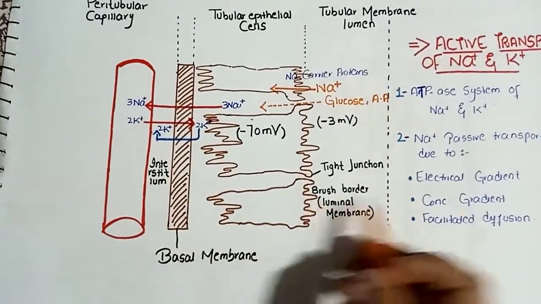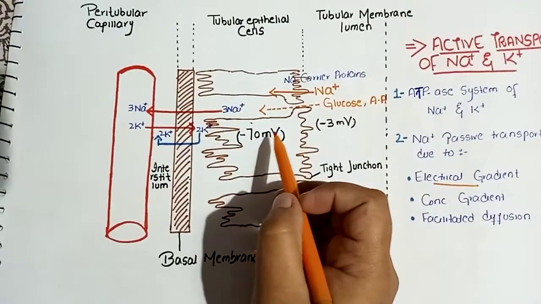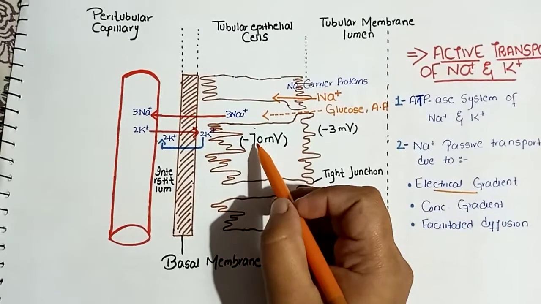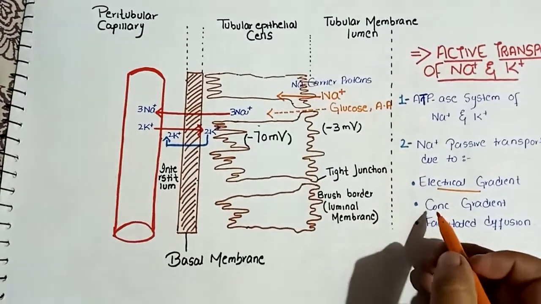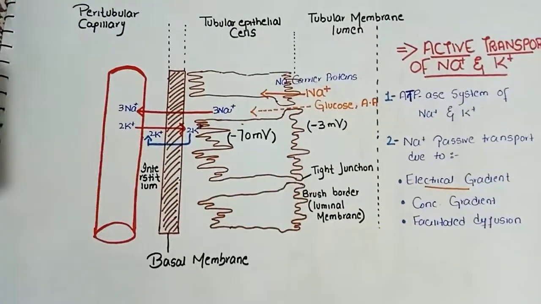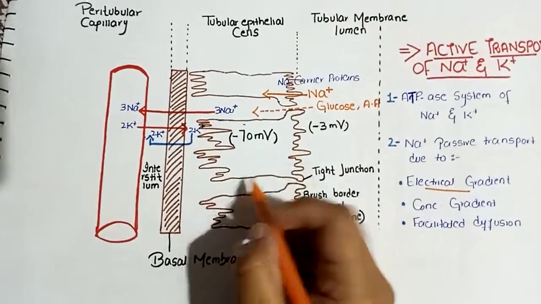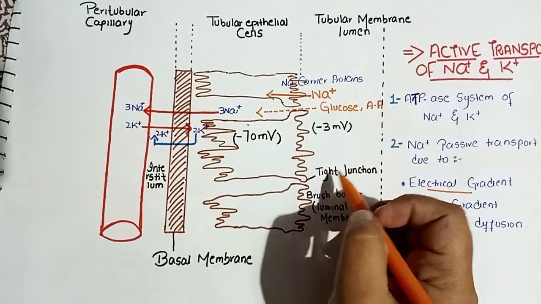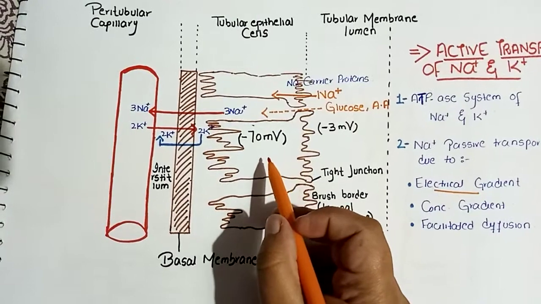The first one is the electrical gradient, because the electrical gradient within the cell is minus 70 mV, and in the tubular lumen it is minus 3 mV. The second reason is the concentration gradient. The concentration of sodium within the cell is less, and the concentration of sodium in the lumen is greater, so sodium will passively transport into the interior of the cell.